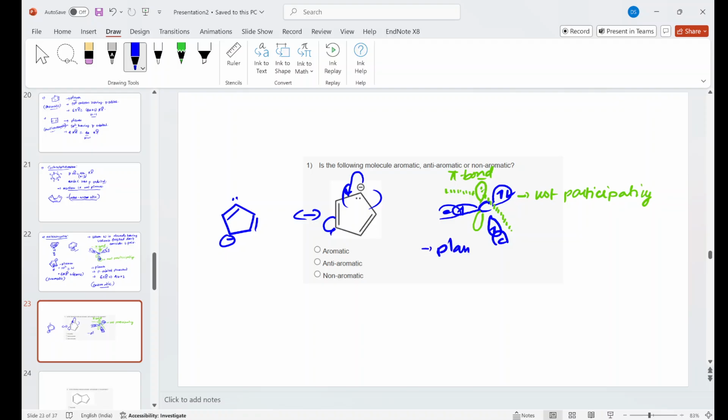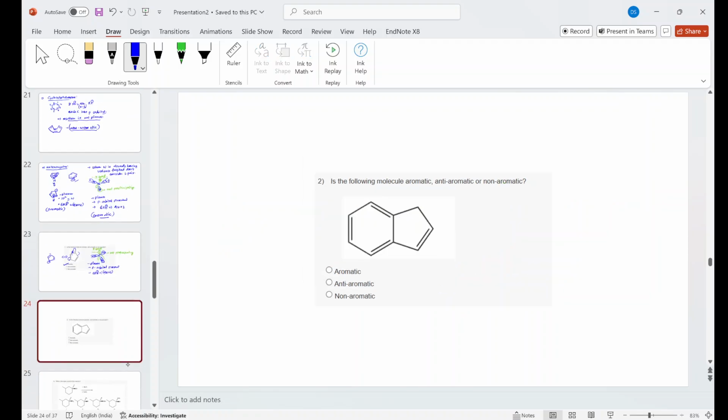So planar, p orbital present, and then 6 pi electrons, that is equivalent to 4n plus 2, and so we can call it aromatic. So this one will be the right answer.